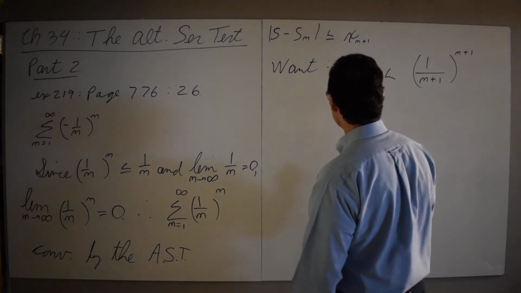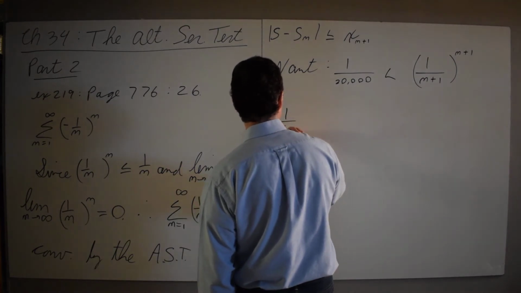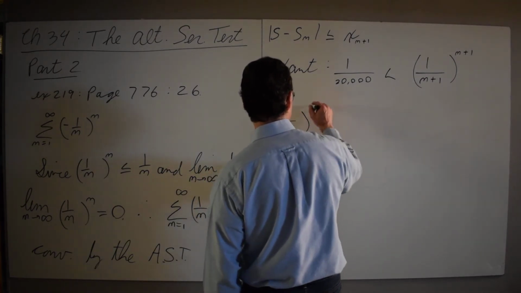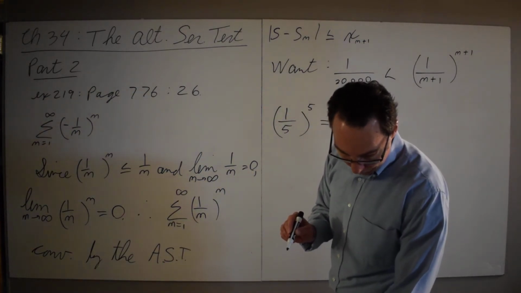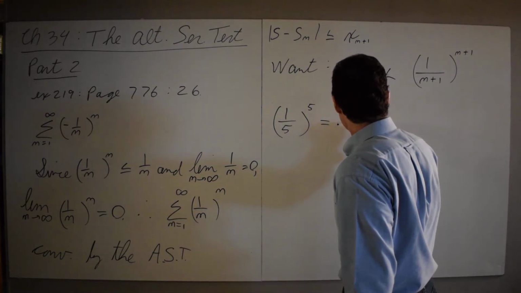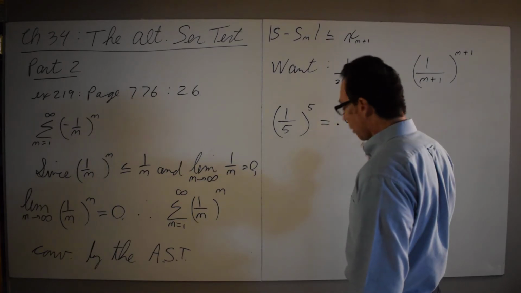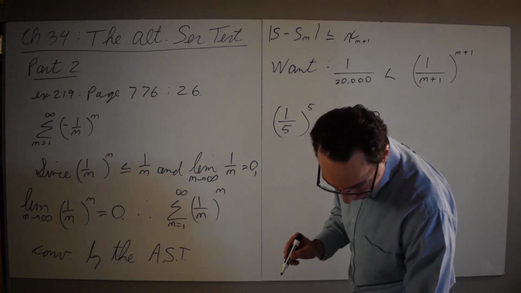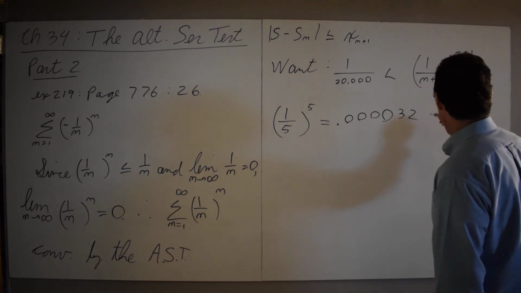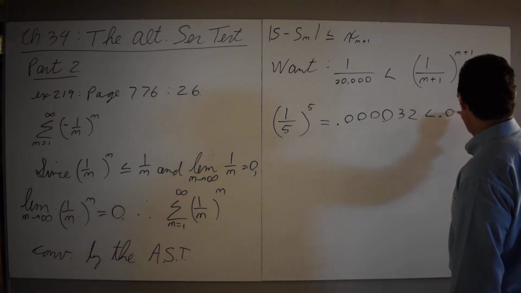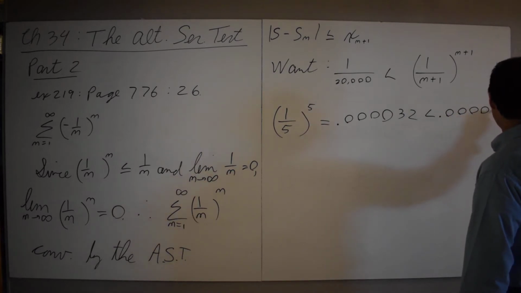And it turns out that 1/5 to the 5th power is equal to 0.00032, which is less than 0.00005.